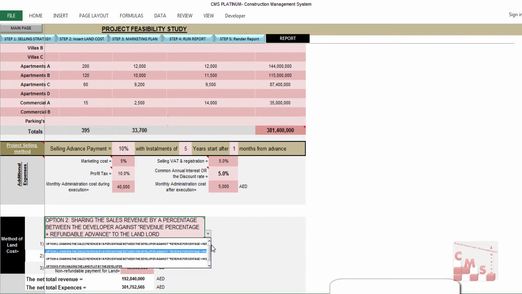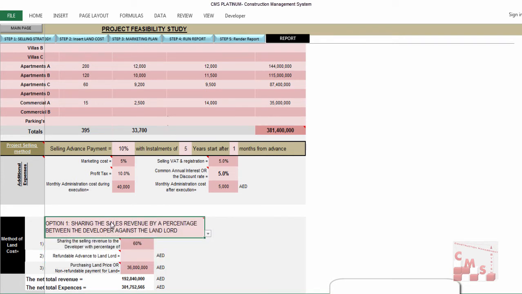Let's talk about the first option, sharing the selling revenue by percentage between the developer and the landlord. We'll agree on 60% for the developer and 40% of course for the landlord. In this case, you will find the total revenue from your side, which is 60% of this amount.